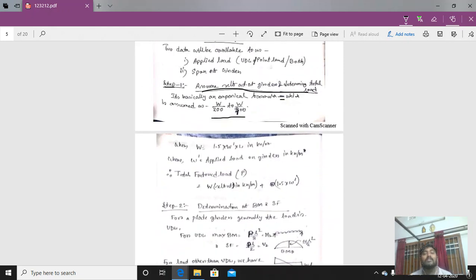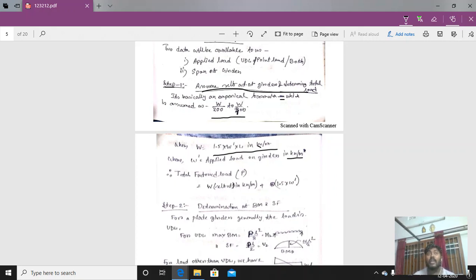Now what is W? W is equal to 1.5 into W dash into L, in kilonewton. Here 1.5 is the load factor, the factor for limit state design. W dash is the applied load on the girder in kilonewton per meter. Very important: the unit should be kilonewton per meter, and that value should be given to us.